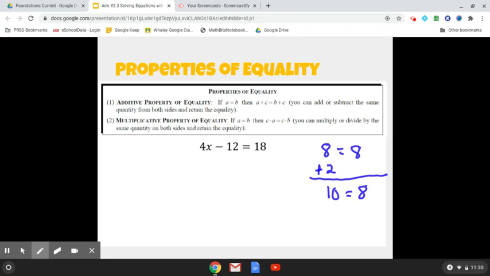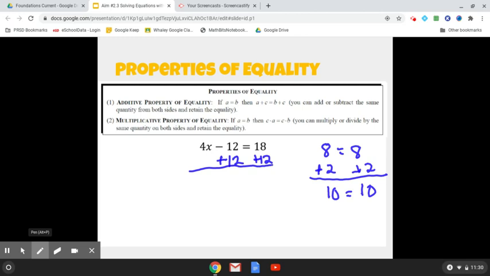The only way to keep this equation equal would be to then go ahead and do it on the other side as well. That's the addition property of equality. So when we go to solve this equation here, the reason why I add 12 to the other side is the reason that we see right over here, so that we can keep the equation balanced.